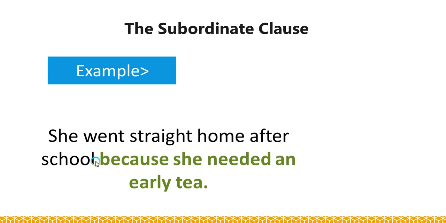We have to support it with subordinating conjunctions, so we will complete it to give more information. So why do we use subordinating conjunctions? To give more information about the sentence. She went straight home after school because she needed an early tea.